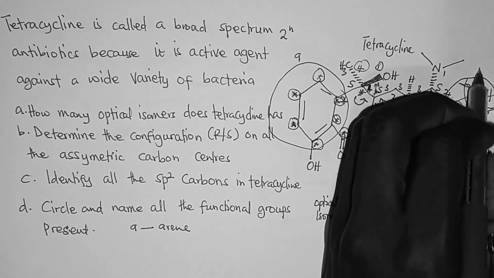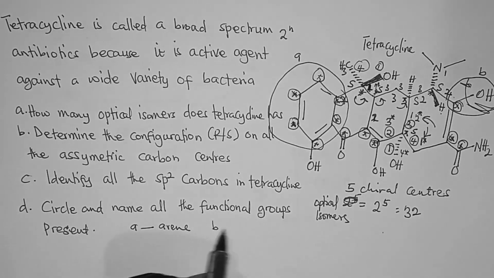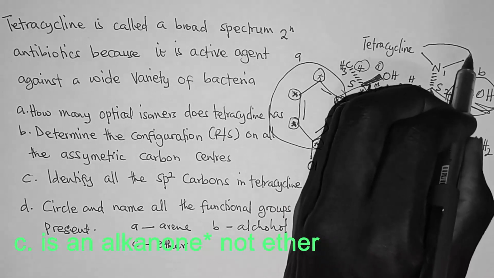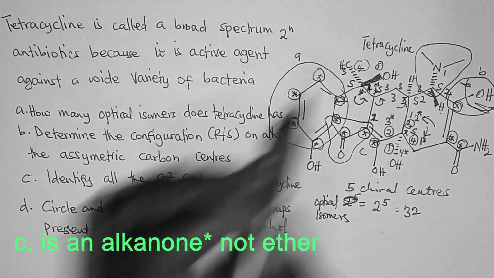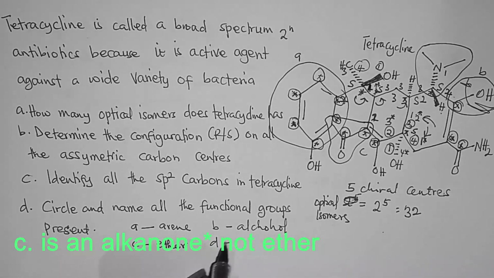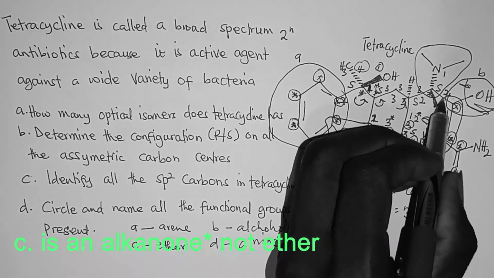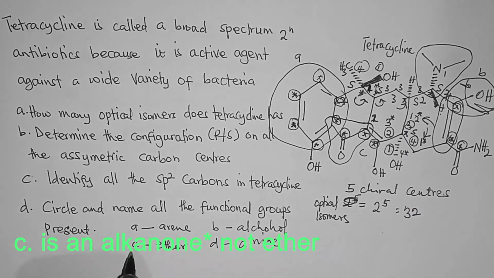B is an alcohol. Apart from that, we have an amine functional group on D. So D is an amine. Then apart from the amine functional group, we also have an alkene at this point.